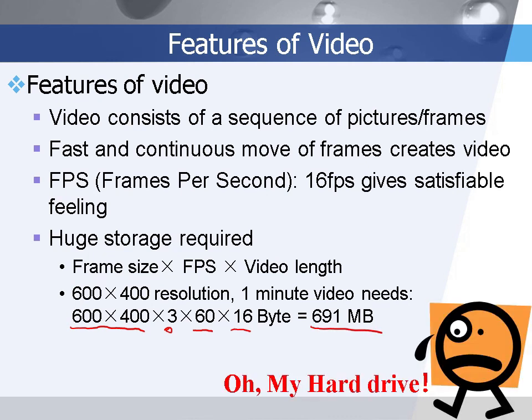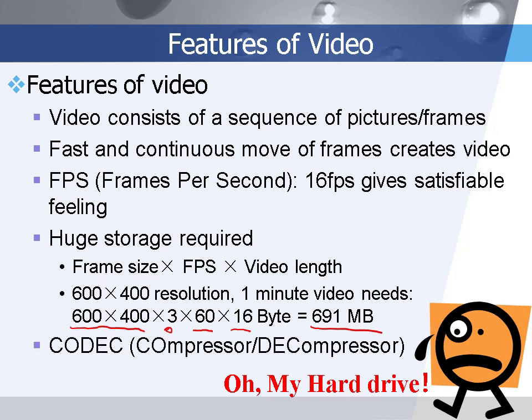If the video really takes this much storage space, it's going to occupy our hard drive. So we need something to reduce the storage of the video and the images. We call it a codec. It consists of a compressor and a decompressor.